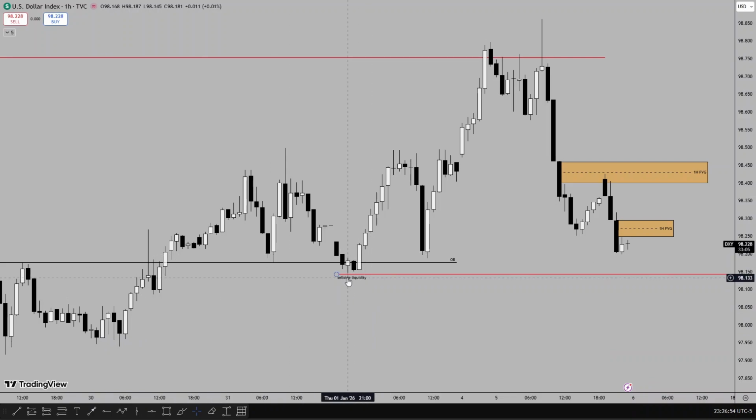But the immediate draw on liquidity going into the London session is to anticipate lower prices, or price to run the sell side liquidity. So going into the London session, we'll be anticipating a retracement to a 1 hour fair value gap. Now price might trade through this 1 hour fair value gap, but at the same time there's still a fair value gap above this fair value gap here.